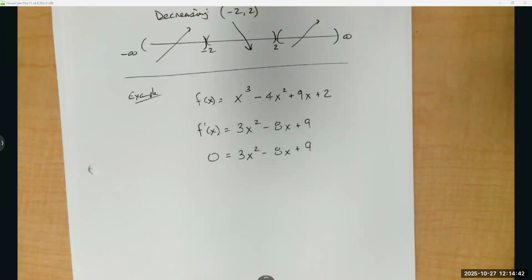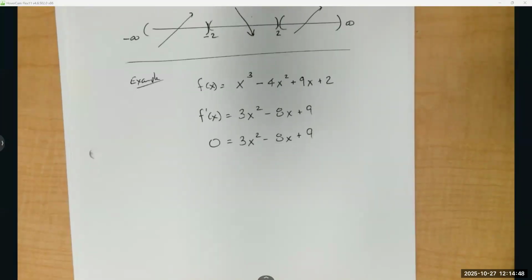Then what do we do? Now we factor, now we solve for x.